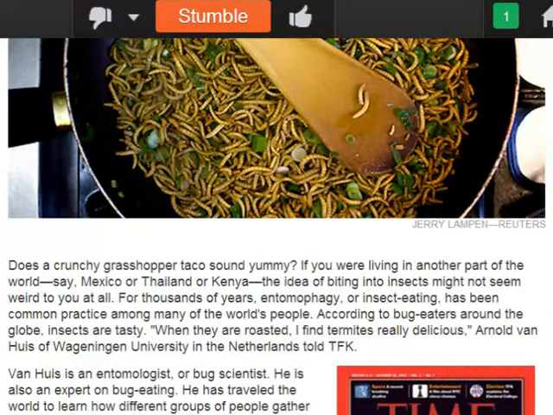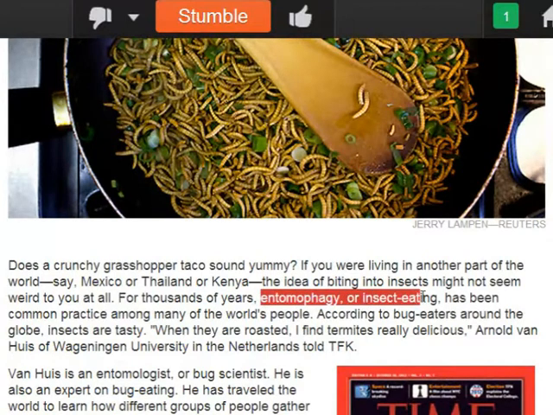Entomophagy is a kind of bugs, that is about bugs, right? Yeah. So I'm going to highlight this right here. Entomophagy is insect eating.